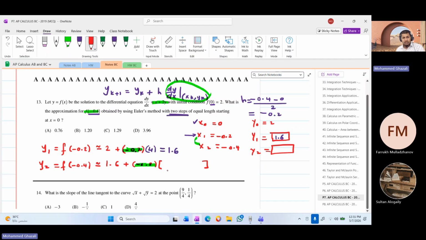Now we need to evaluate this value on the inside. No calculators, right? So you need to evaluate it at the previous point. What is the slope at the previous point? x is negative 0.2 plus 2 times 1.6, because 2y. 2 times 1.6 is 3.2. Make sense?